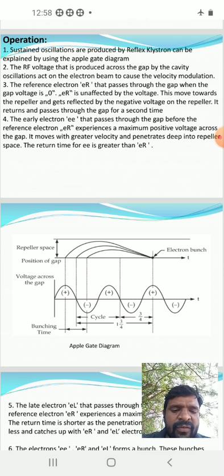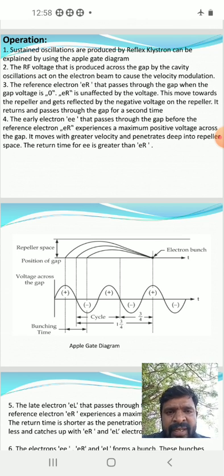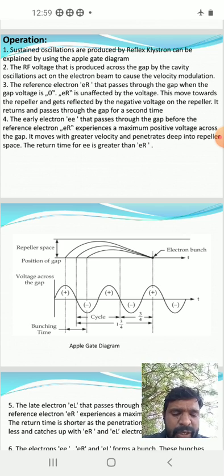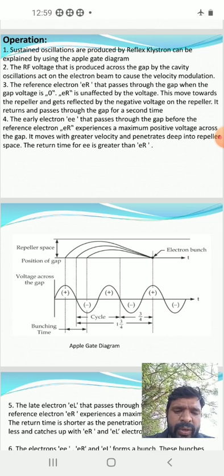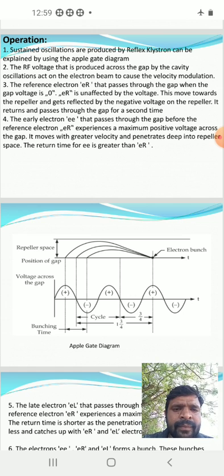That means the reference electron ER passes from the anode cavity to the repeller space. Here the gap voltage is 0, so there is no effect. Then the electrons are returned back towards the anode.